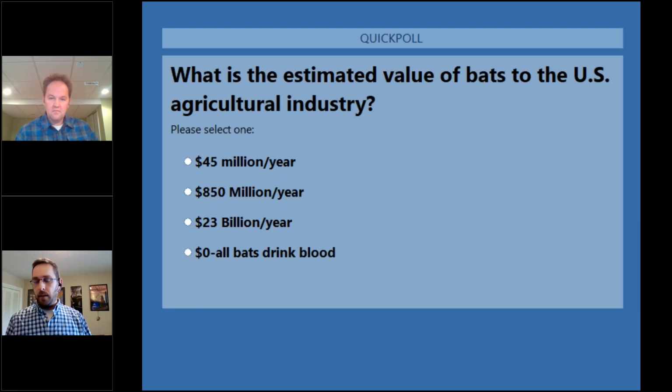Bats eat tons of insects each night, including many agricultural pests. So is the answer A, $45 million per year, B, $850 million per year, C, $23 billion per year, or D, there's no economic value because all bats are vampire bats and drink blood?